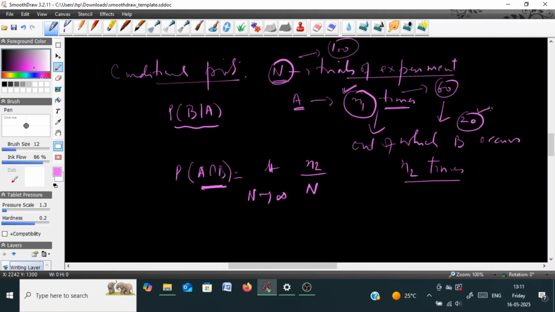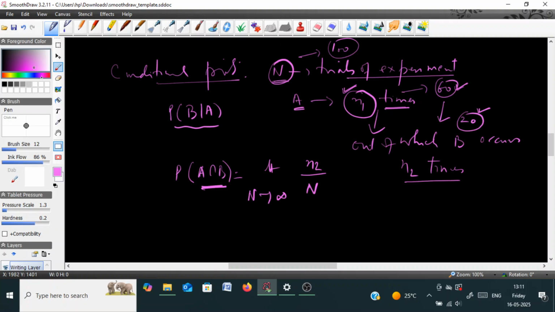It means 20 times events A and B occur together, that is their intersection is 20.